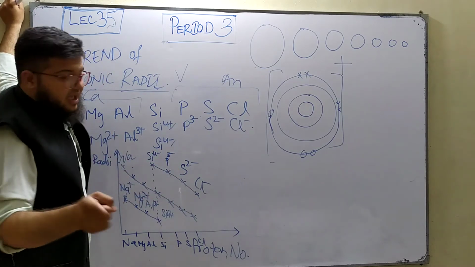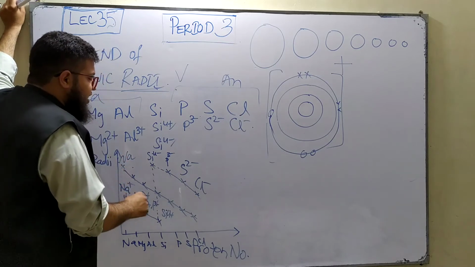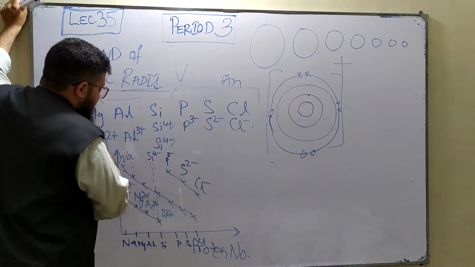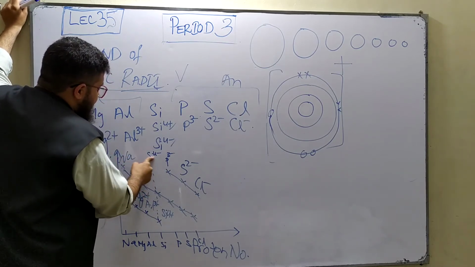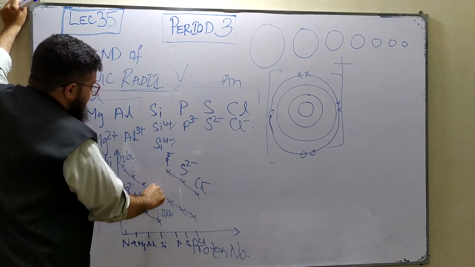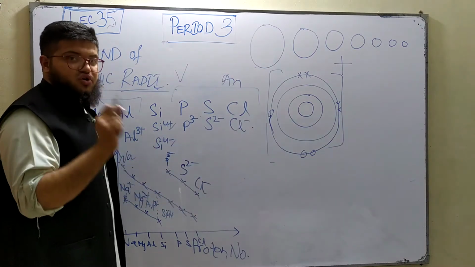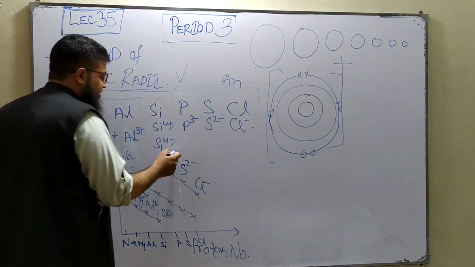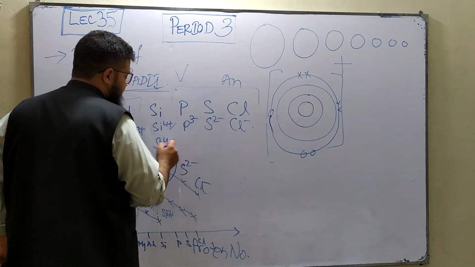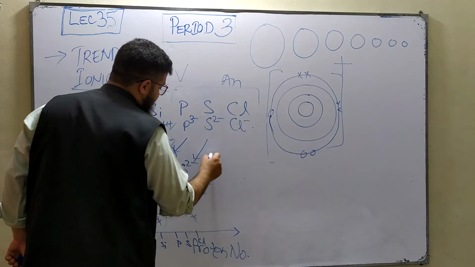Now on your exams, the examiner usually ignores silicon and asks which of the anions will have the largest radius. It's the phosphide ion, followed by sulfide and then chloride.